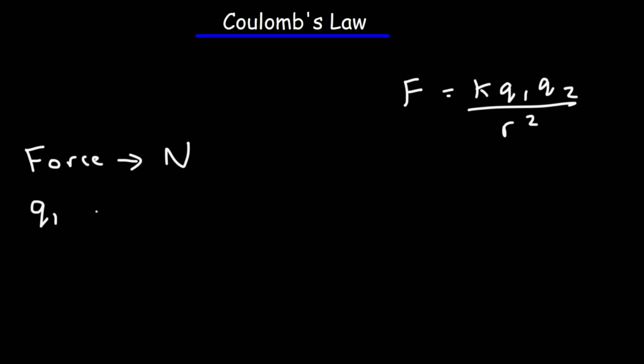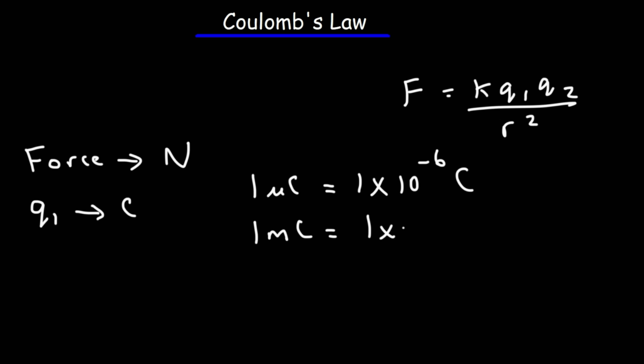Now for Q1 or Q2, which represents the electric charge, the unit for that is coulombs. 1 coulomb is a large amount of charge. So typically you'll see the charge represented in microcoulombs. 1 microcoulomb is 1 times 10 to the minus 6 coulombs. 1 millicoulomb is 1 times 10 to the negative 3 coulombs. And 1 nanocoulomb is 1 times 10 to the negative 9 coulombs.